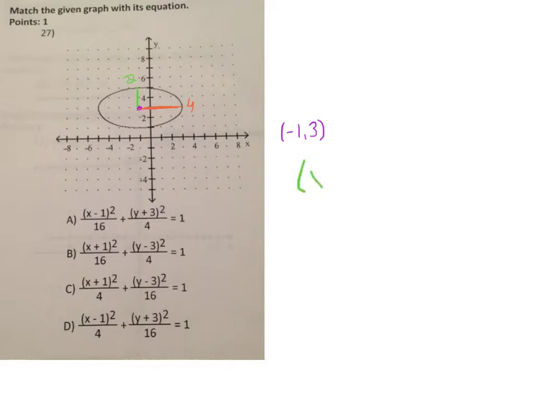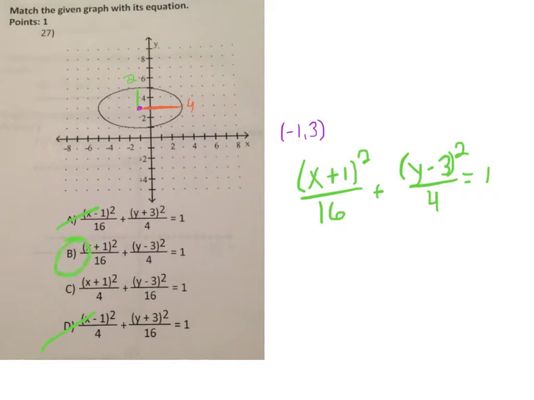If we were writing it out, we'd write x plus 1 squared over 4 squared, which is 16, and then y minus 3 squared over 2 squared, which is 4, equals 1. So that answer choice is B. That matches up with that.